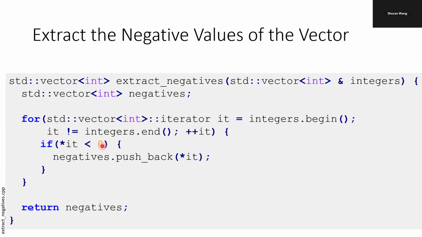We check whether it's integers.end, and we increment it every iteration. Inside the for loop, we dereference it. We check whether it's less than 0. If it is, then that's a negative value, so we push that back into negatives. And we need to remember to dereference it because it's an iterator.